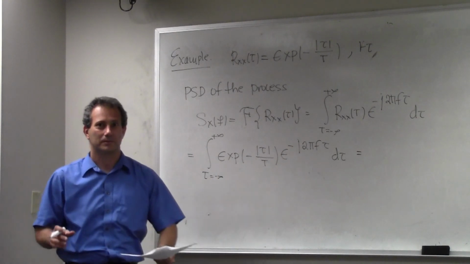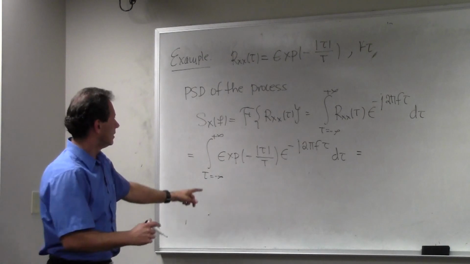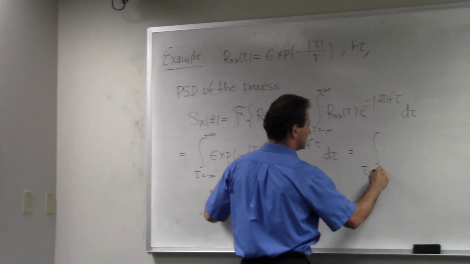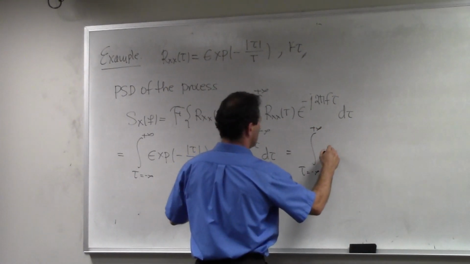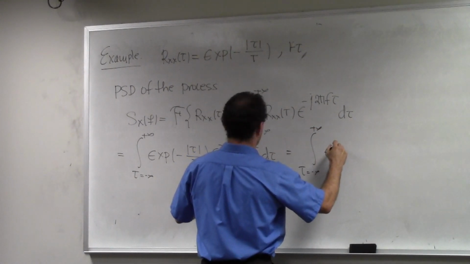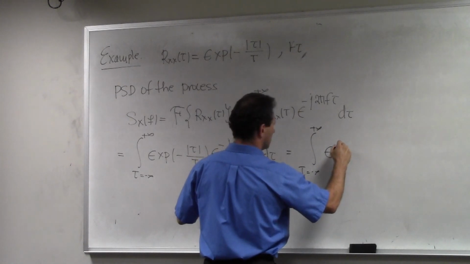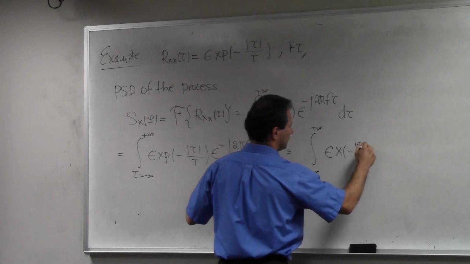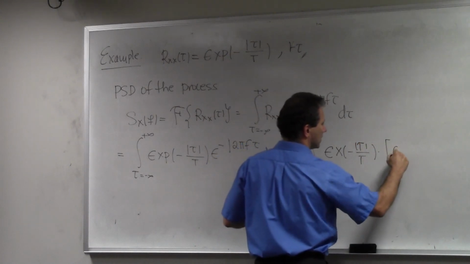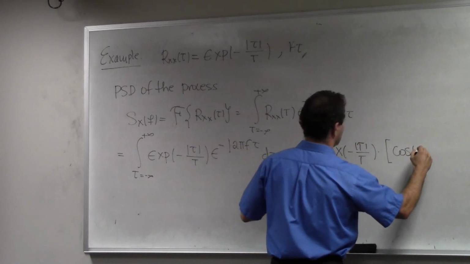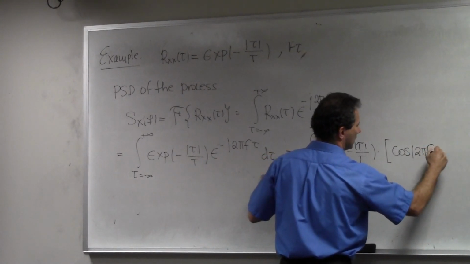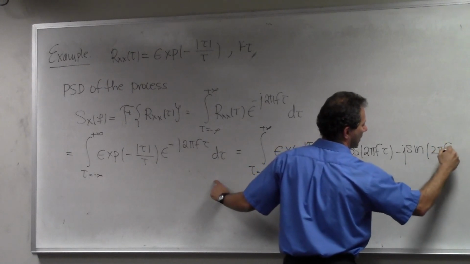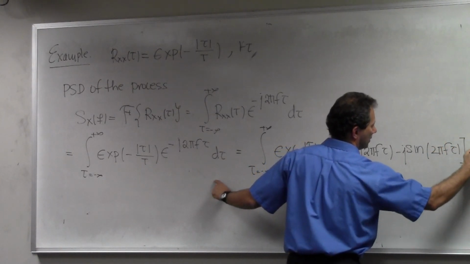Okay, let me slow down. Let me write this one more time. This is the integral, when tau goes from minus infinity to plus infinity, of e to the minus tau over capital T, times cosine of 2 pi f tau minus j sine of 2 pi f tau, d tau.